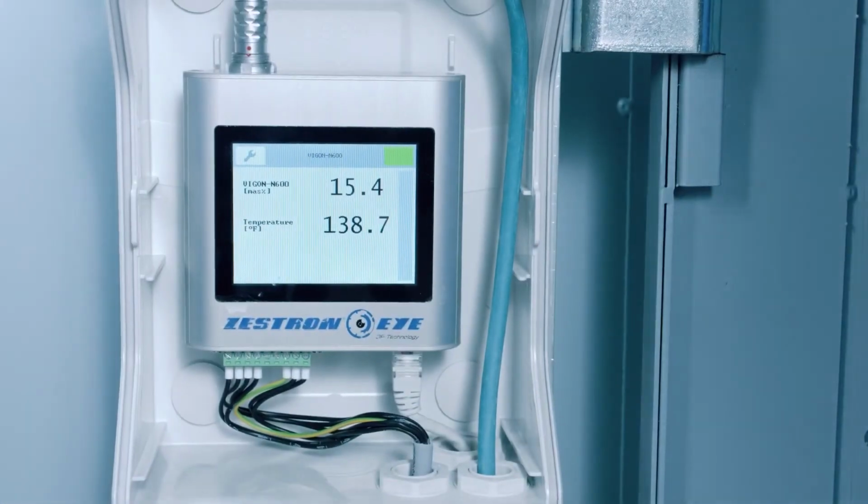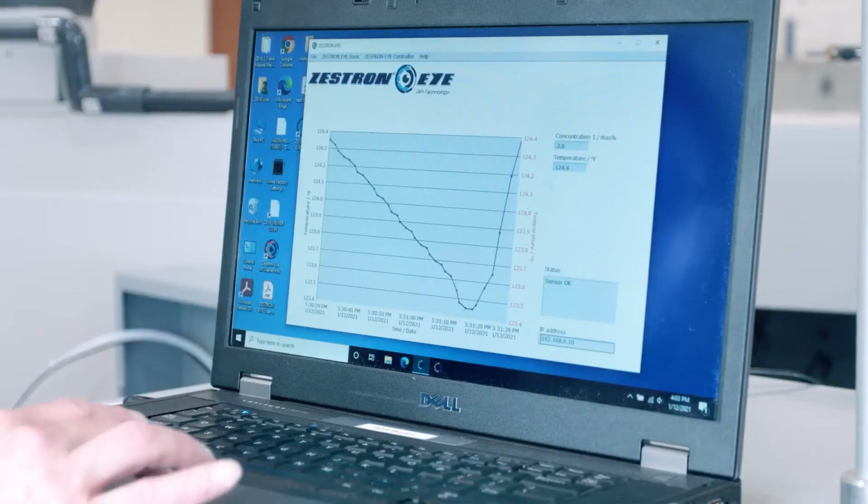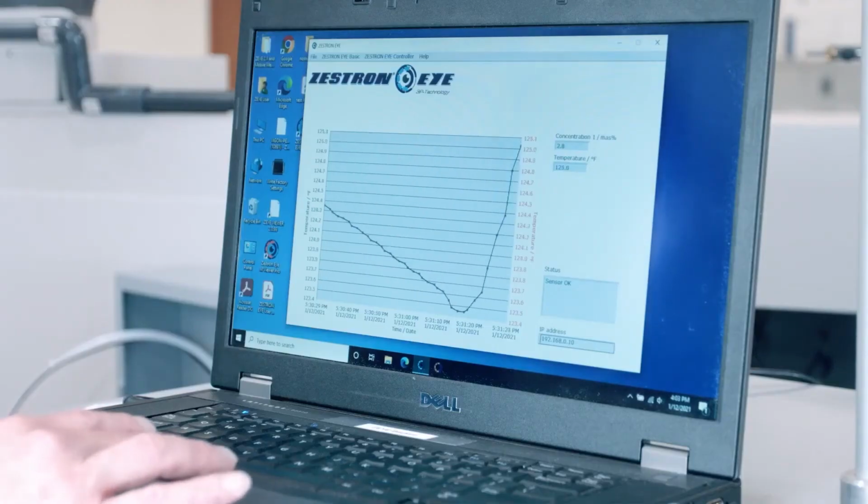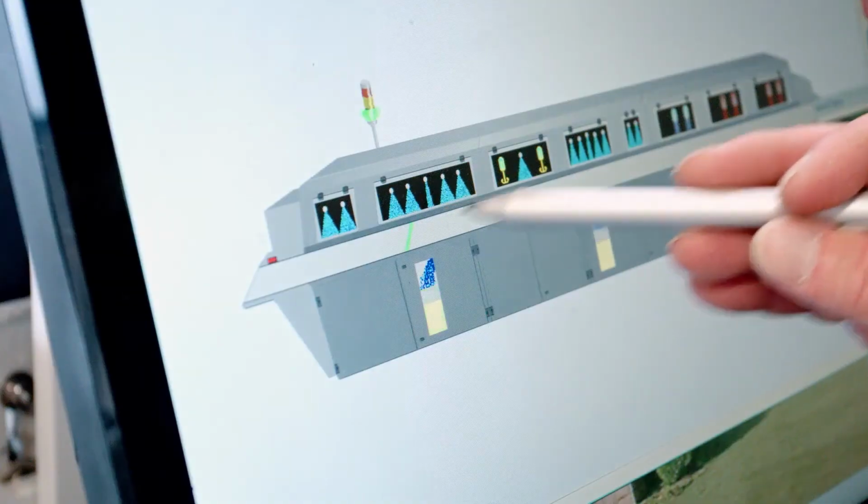So as that conductivity rises or lowers, it could impact the reliability or the effectiveness of the cleaning medium. So it's important, along with NVR, to also monitor conductivity to ensure that the cleaning medium is still within its proper thresholds.